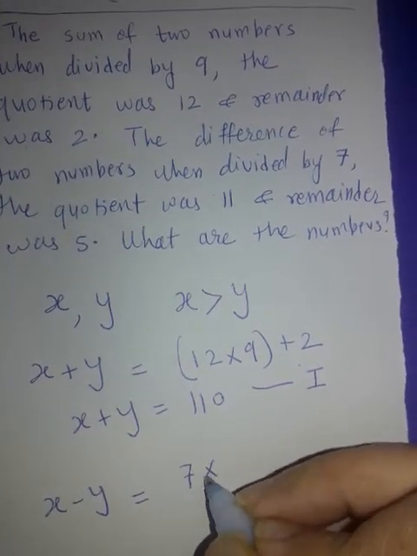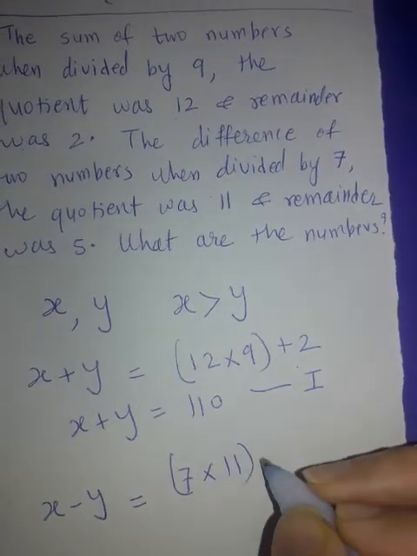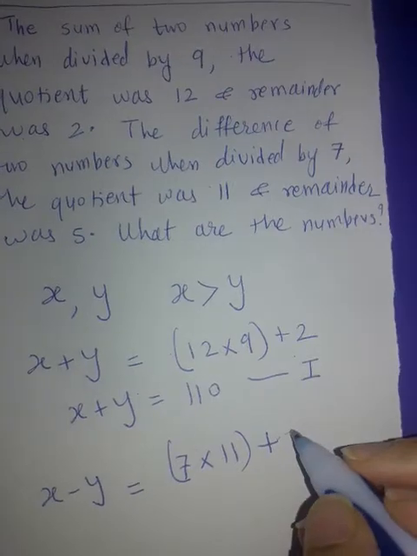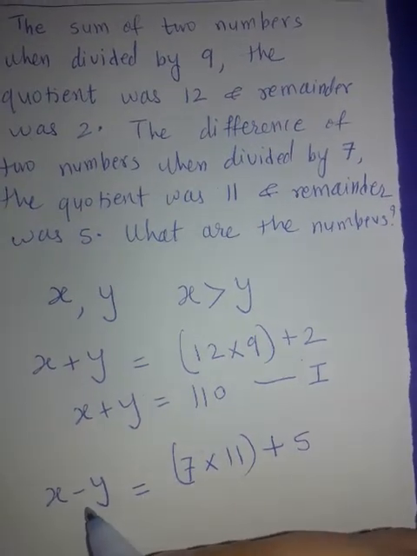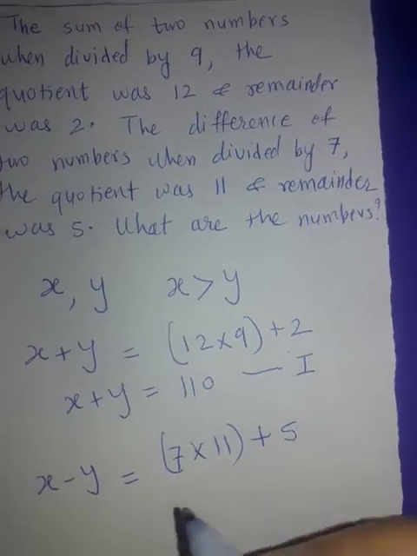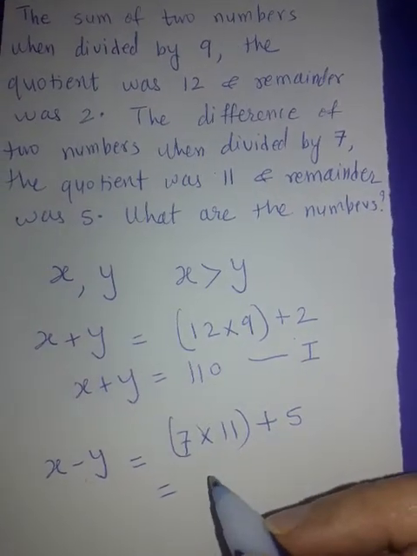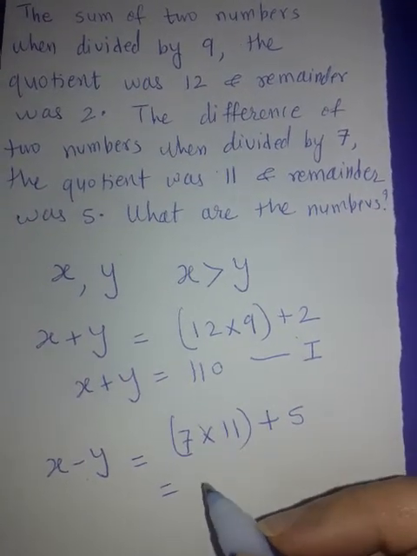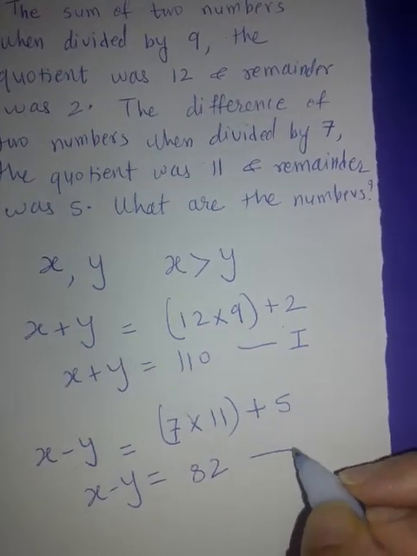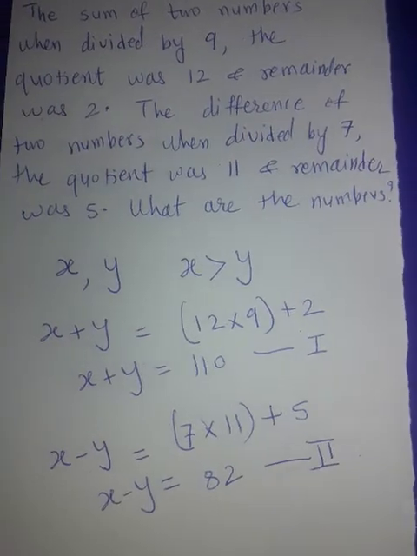So 7 into 11, plus remainder was 5. So plus 5. Dividend, quotient, divisor plus remainder. 77 plus 5 is 82. x minus y is 82. This is your equation number 2.